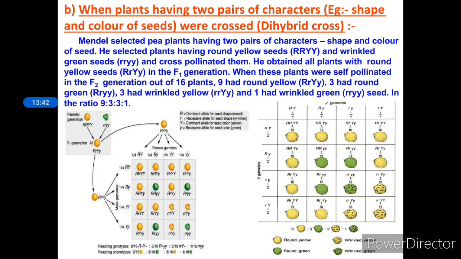When a cross is done between dihybrids or the F1 double heterozygotes, that cross is known as the dihybrid cross, and the ratio was 9:3:3:1. So this is all about the dihybrid cross. I hope it is clear.